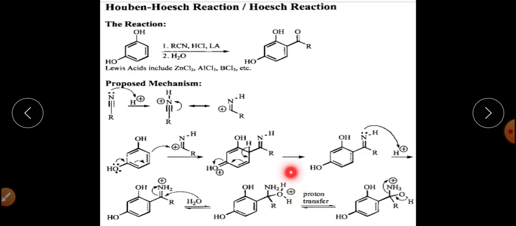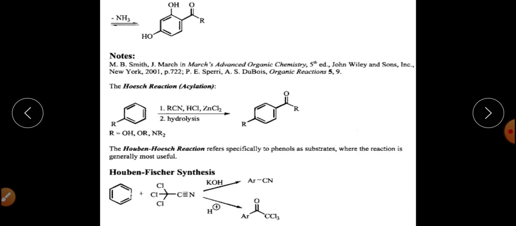So proton transfer will happen, and ultimately ammonia, NH3, will get eliminated out, and then the bond between this oxygen and hydrogen will be shifted to this carbon and oxygen to form C double bond O, and ultimately it will get converted into C double bond O R group, that is acylated.